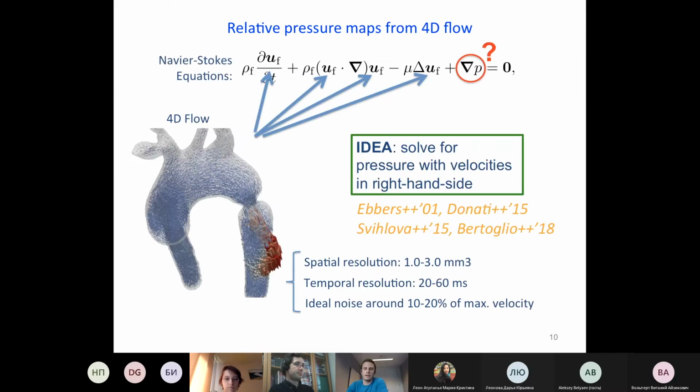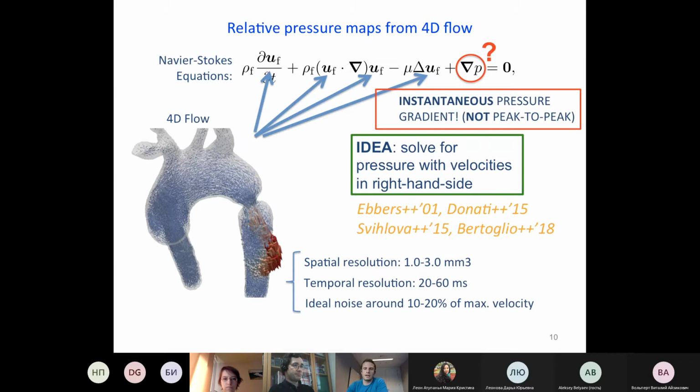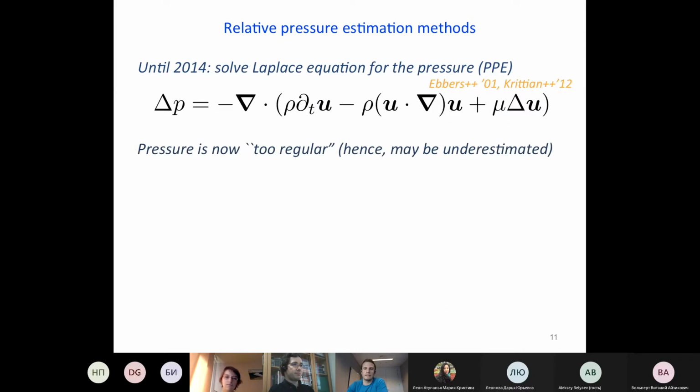So this is the basic method that people from image processing have been using for 20 years or more. It is called the pressure Poisson equation. You take the divergence of the gradient of the Navier-Stokes equations, and you get the Laplace operator of the pressure equal to minus the divergence of the velocity part of the Navier-Stokes equation.